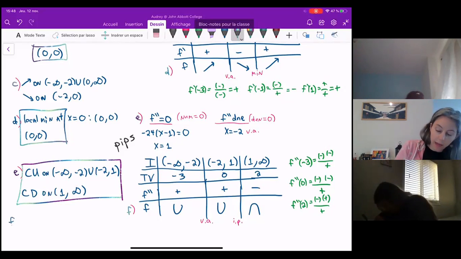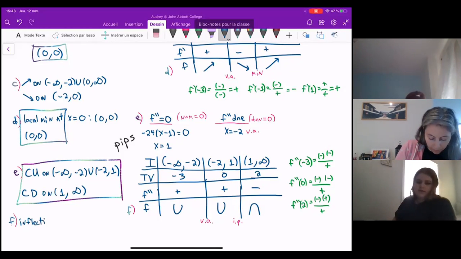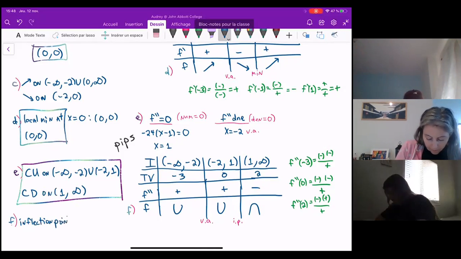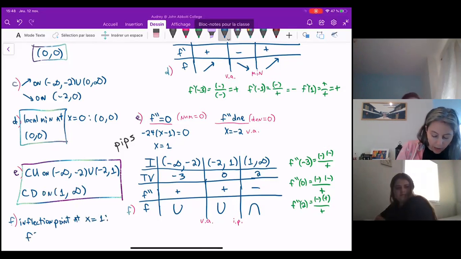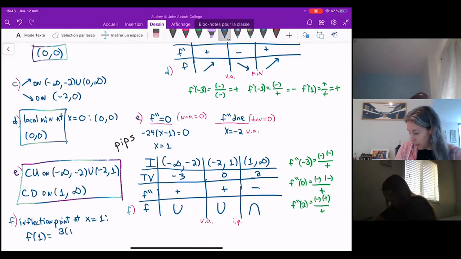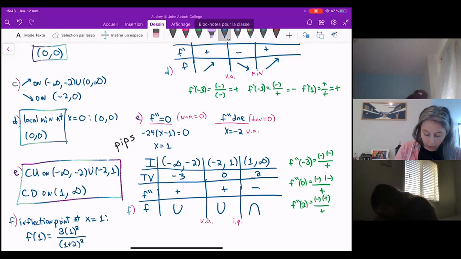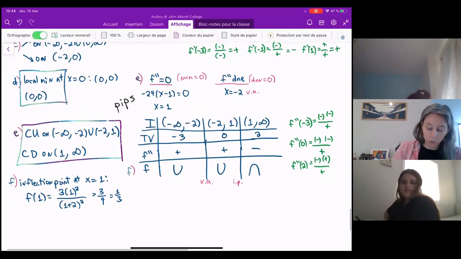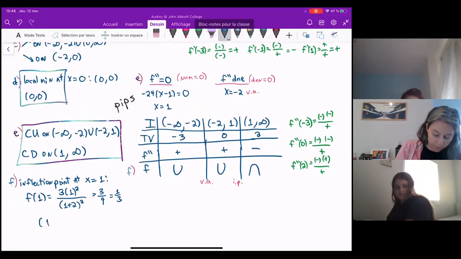So we need to plug that into the original function. So here I can say that I have an inflection point at x equals 1. So we plug in f of 1 to the original function. So I'm like 3 times 1 squared over (1 plus 2) squared is 3 over 9 is 1 over 3. So my inflection point is (1, 1/3).